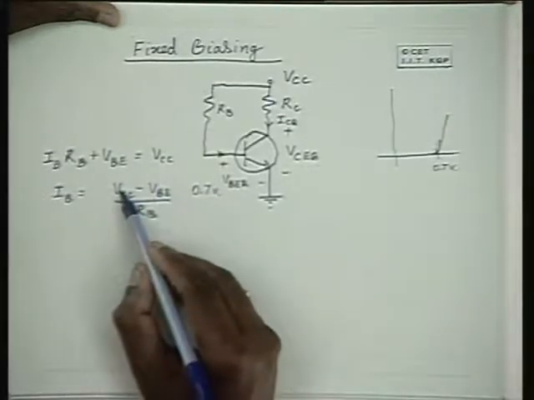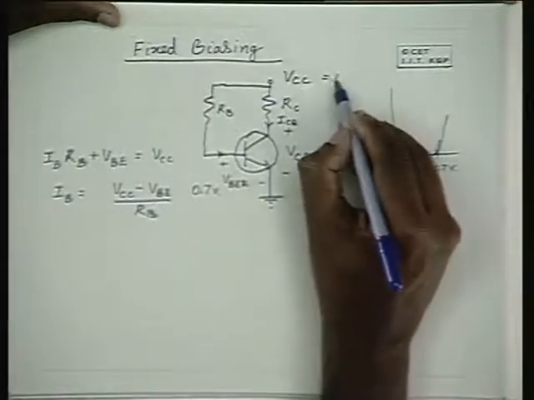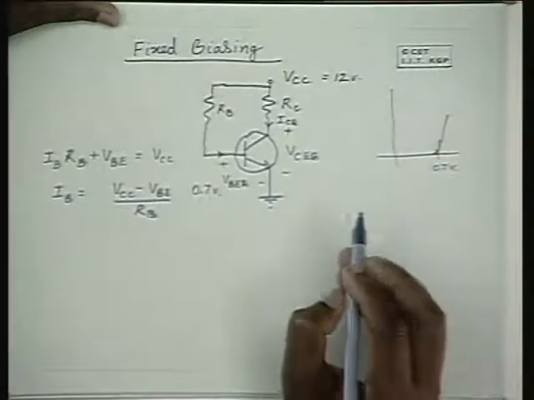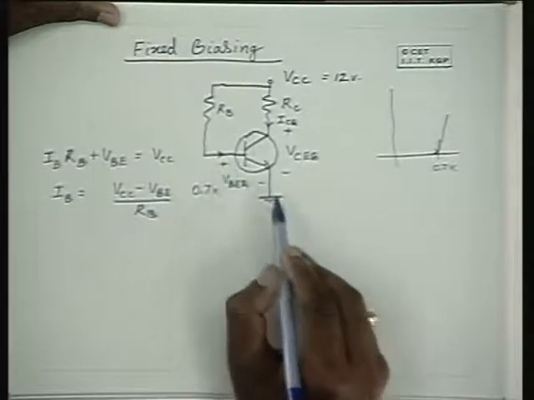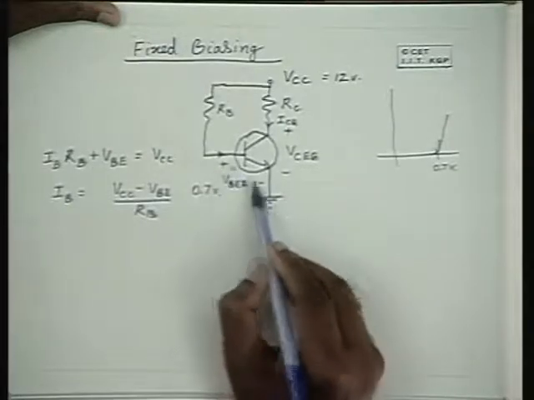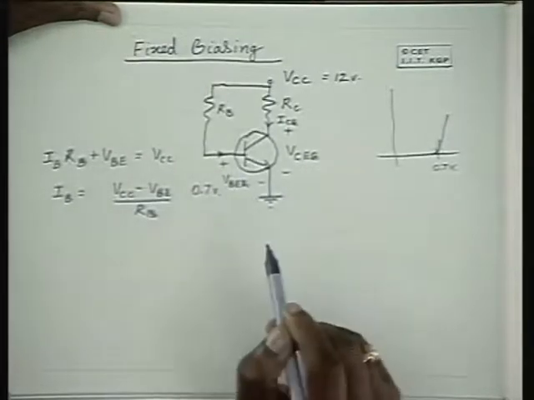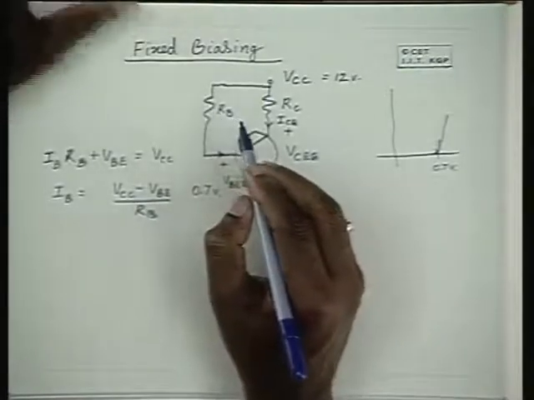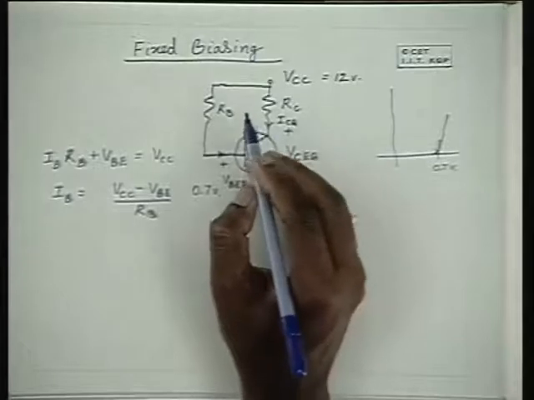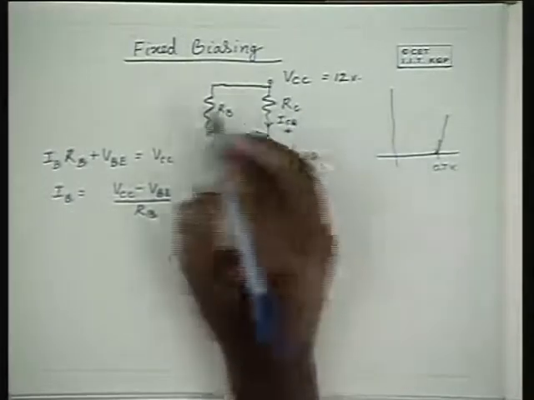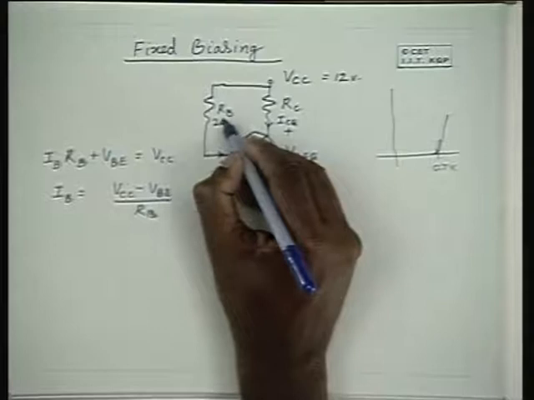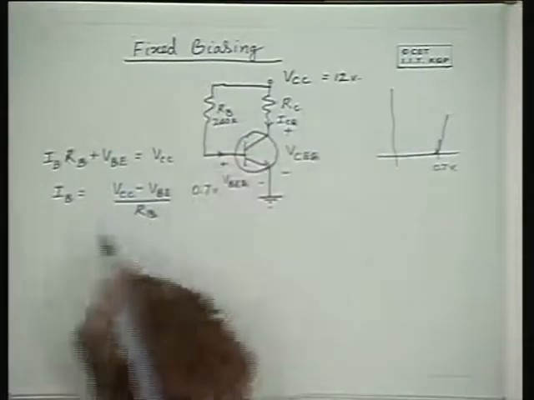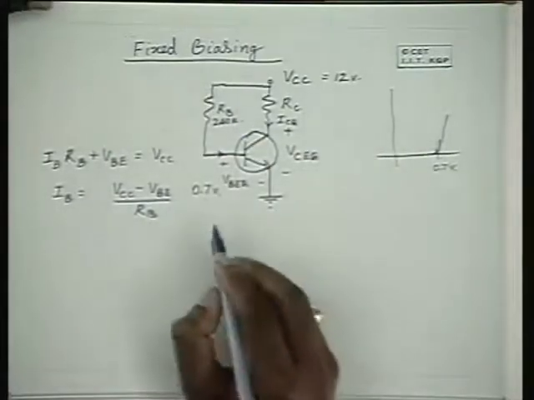So if VCC is 12 volts as an example, and this is a silicon transistor, meaning the base to emitter potential is 0.7 volts, and RB is say 240 kilo ohms, in this example, how much IB do you expect?